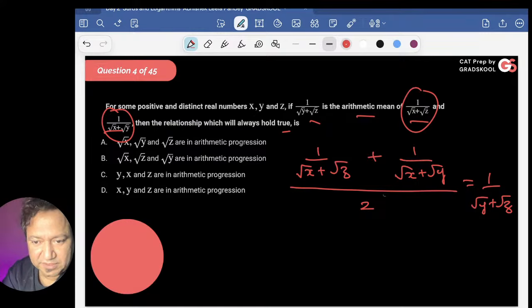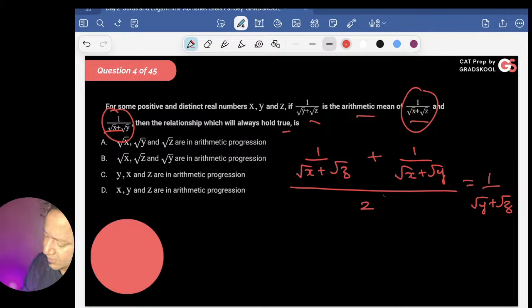You mean C option? Okay. Sudeep says B option. Okay, okay, okay. Let's wait. You need to solve it properly.